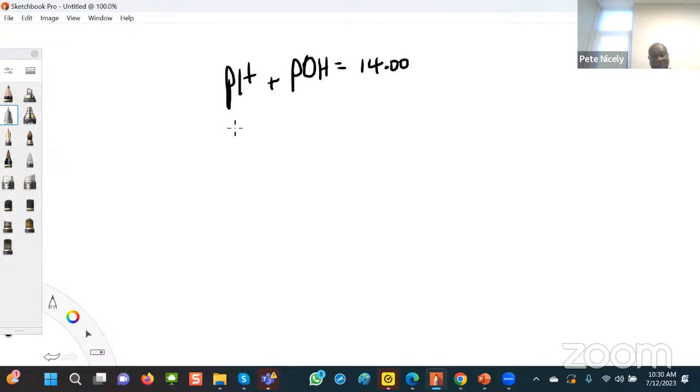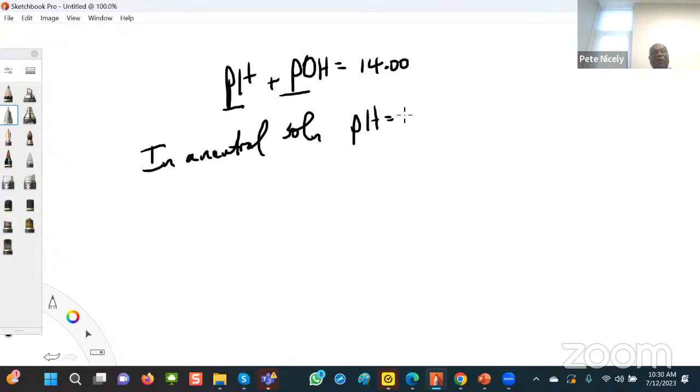So basically, there are several situations that can occur in an aqueous solution when you're looking at the relationship between the pH and pOH. In a neutral solution, pH will be equal to pOH, all right?